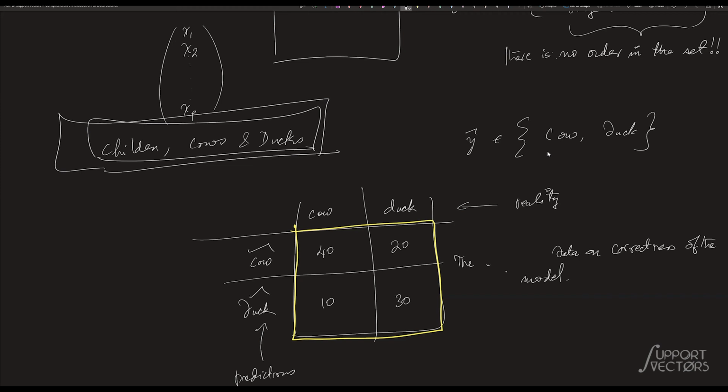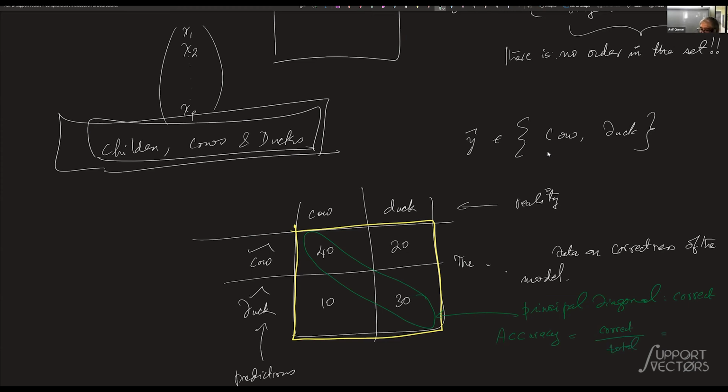70. We realize that this is the principal diagonal. The principal diagonal is correct, and that gives you the accuracy. When you take the correct answers and divide by the total, accuracy is equal to correct over total.